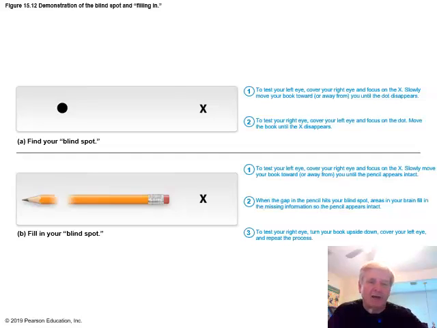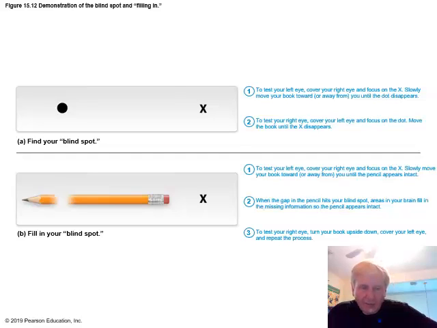If you want to find your blind spot, remember your blind spot is produced because where your optic nerve exits, there are no photoreceptor cells. If you want to test your left eye, you cover your right eye with your hand or a paper or a patch, and then while you're looking at the X with your left eye open, you move your book or whatever paper you have this image on closer to your eye.